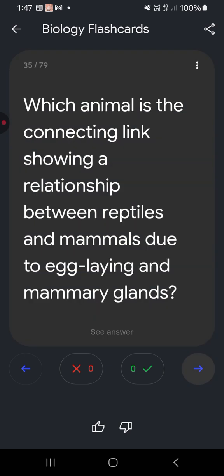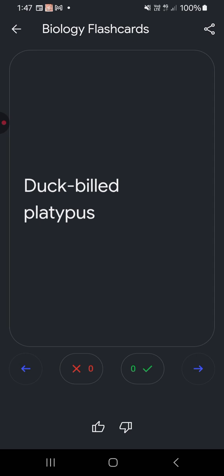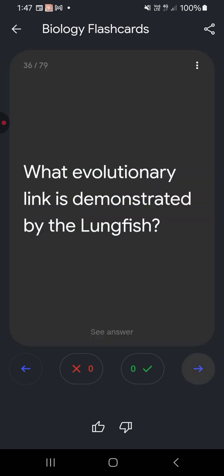Which animal is the connecting link showing relationship between reptiles and mammals due to egg laying and mammary glands? The answer is the duck-billed platypus. Which evolutionary link is demonstrated by the lungfish?